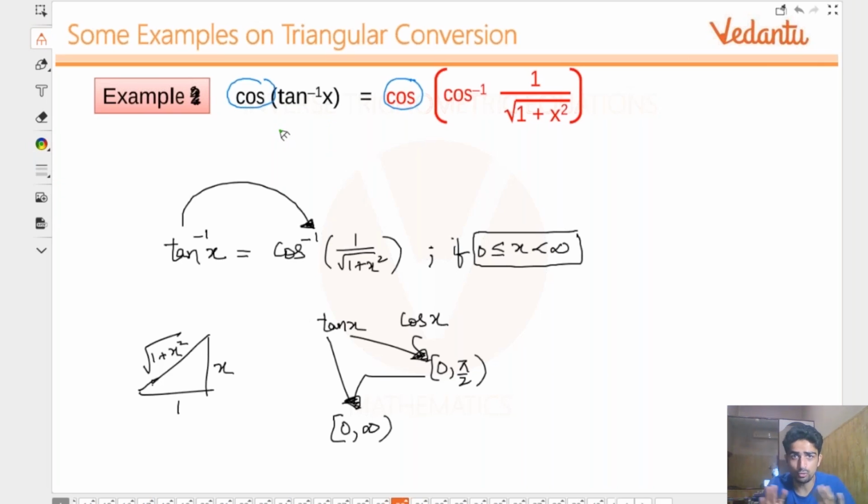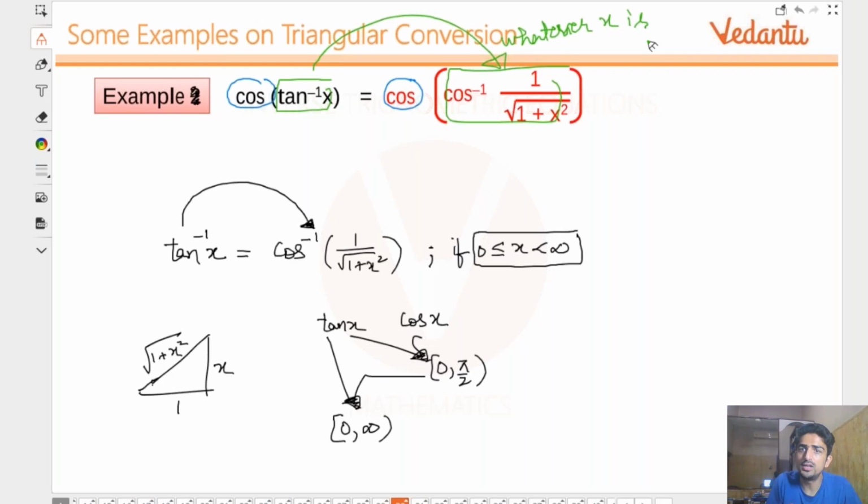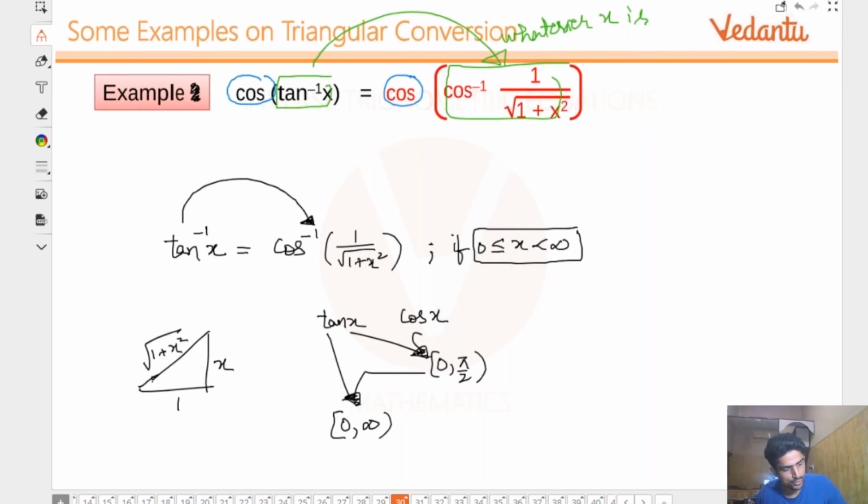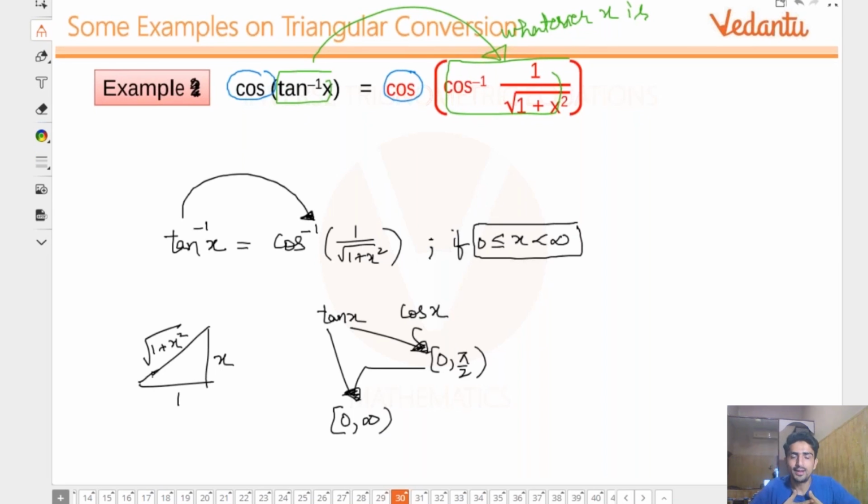I'm talking about general school, competition, everywhere. You need not worry about any condition. You can write it like this, whatever x is. You need not worry about x. Now let me conclude my statements, guys. अब ध्यान से सुनना. If you get this, you get everything. If you don't get this thing, you will be damn confused.